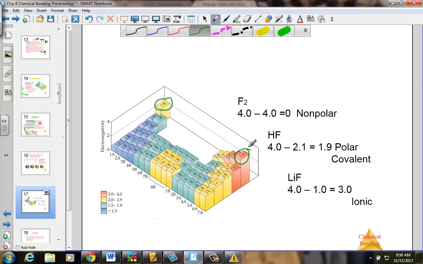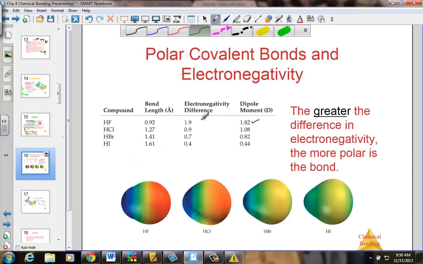Subtracting those gives me a 1.9 polar covalent bond. So that's where this value came from. The greater the difference, the more polar the bond. A very strong electron distribution towards the F from the H.